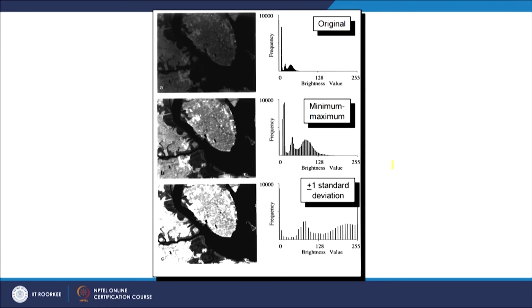There are some other examples also. The original image is on top, the minimum maximum contrast stretch is in the middle, and then the one standard deviation contrast stretch. As you can see, the higher the value of standard deviation you choose, the more contrast it will create in the output image. Whether that is acceptable to you or not, you have to decide.